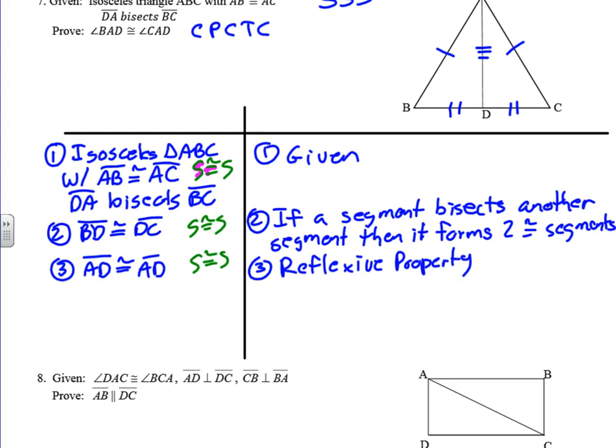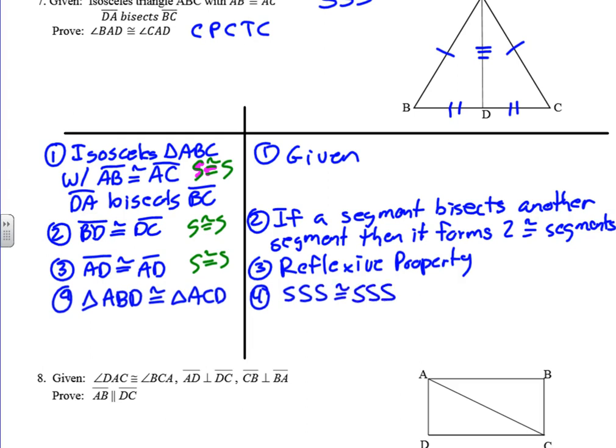So that gives us the clear to say the triangles are congruent. So we would say triangle ABD is congruent to triangle ACD, and the reason here would be side, side, side congruent to side, side, side.